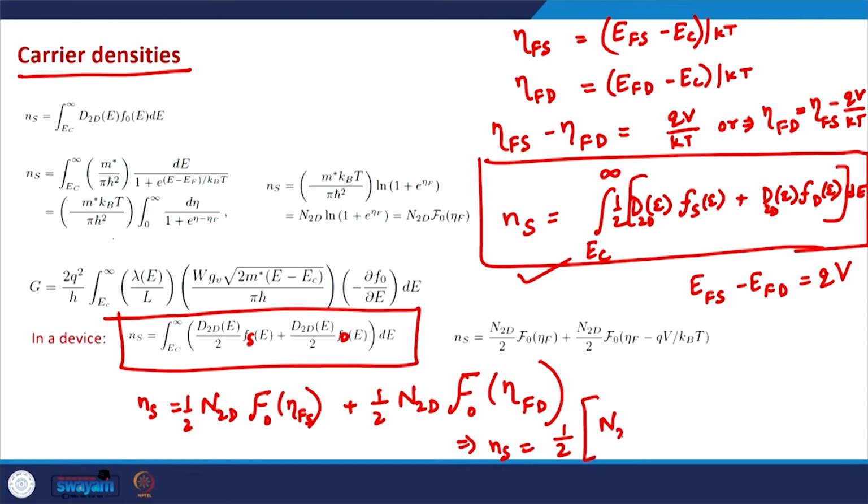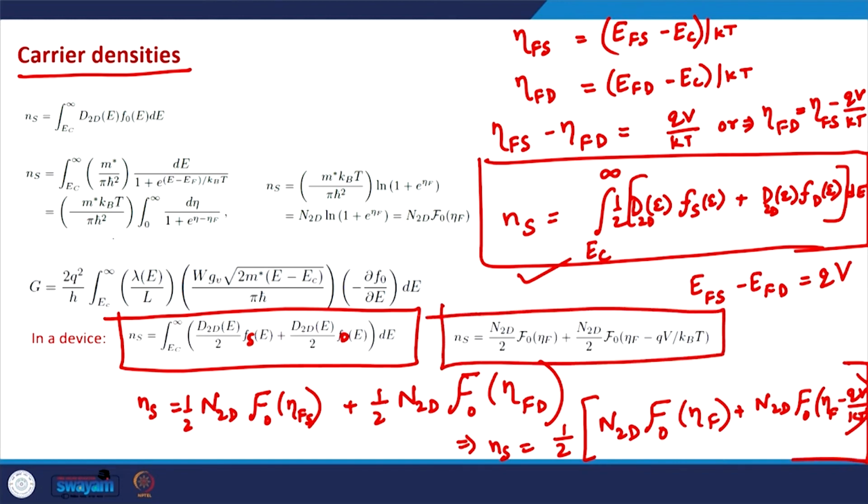This becomes N2D times Fermi-Dirac integral of order 0 of eta F, plus, sorry, N2D times Fermi-Dirac integral of order 0 of eta F minus QV by kT. So, this is the steady state charge density in the device, in the Mosfet, according to the Landauer's formalism.